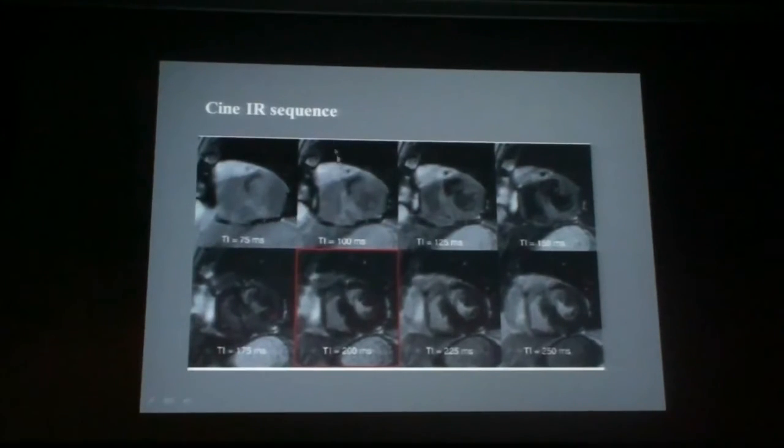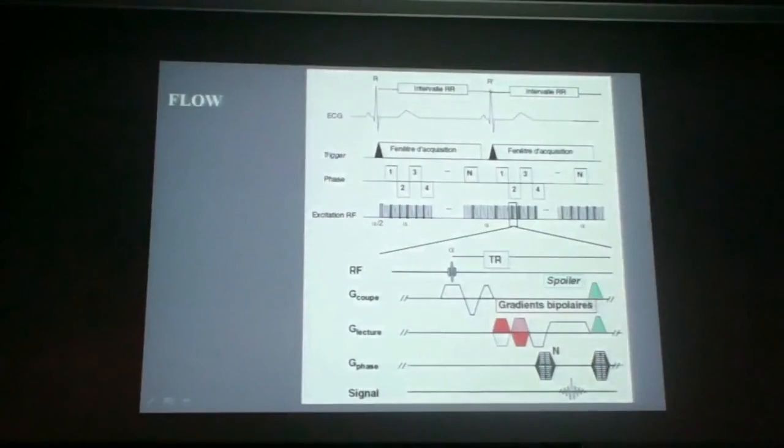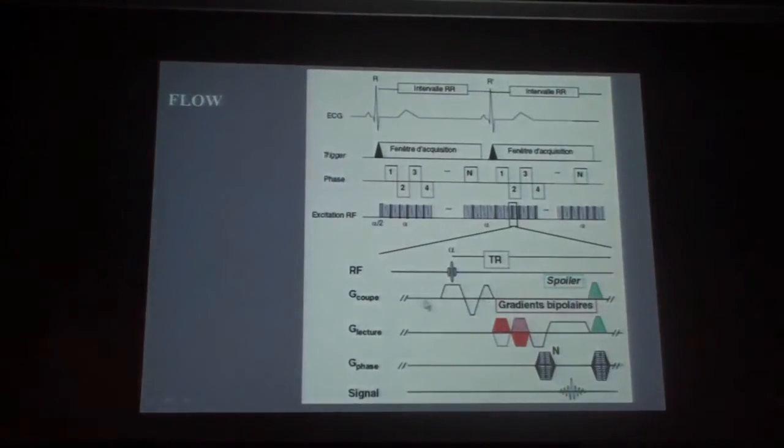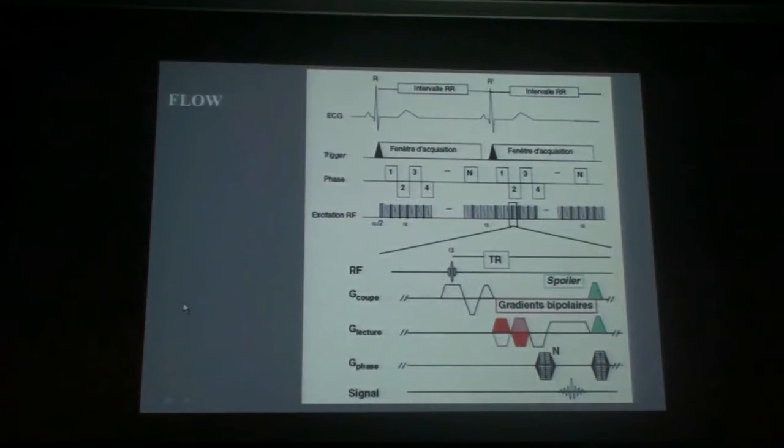Or you can try to use a cine-IR sequence that is going to give you one image for different TIs, and you can see over here for different TIs, the right one, the correct one, where you can see the myocardium in black, and your hypersignal from over here, a myocardium infarction that touches the subendocardium. So this is a critical sequence to use, to work with, and we'll come back to that in the future talks.